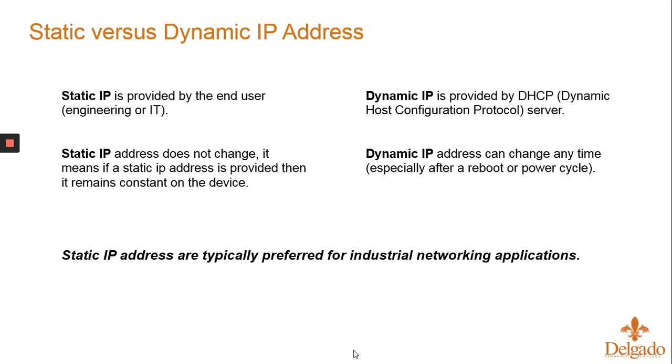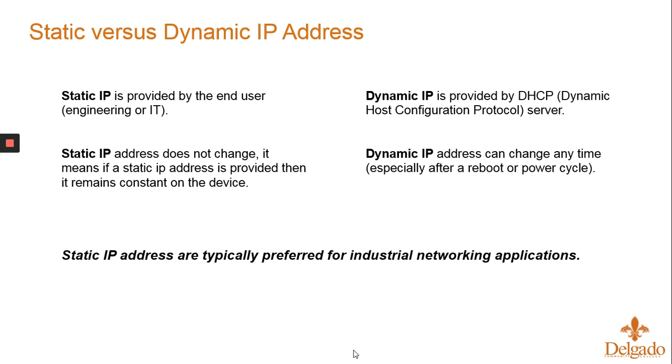Today you come home, your laptop might be 192.168.1.22. Then you come home tomorrow, your IP address might be .28. It can be something totally different than it was yesterday. And every time you reboot your computer or recycle power, possibly that IP address could change.